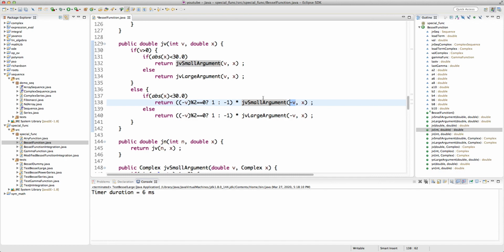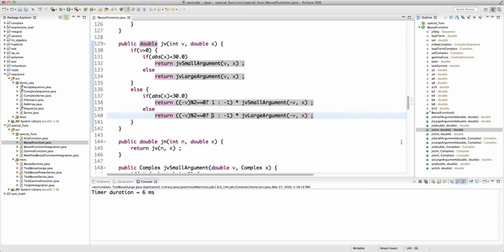It's a valid argument. The same thing holds for the large argument, right? If nu is an integer, then j minus nu is minus 1 to the power of nu times j nu, and minus 1 to an integer power is plus or minus 1, depending on whether nu is an even integer or an odd integer.